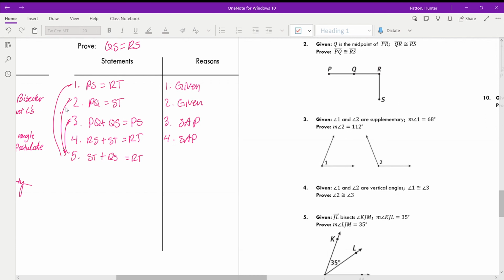Now, 4 and 5: both of them are equal to RT, the right side of them. So I'm using 4 and 5 to get my step 6. I'm going to write QS on the left side because you see my proof is there. So I'm going to say that ST plus QS is equal to RS plus ST. And excuse me, I did not fill in number 5, which is substitution.